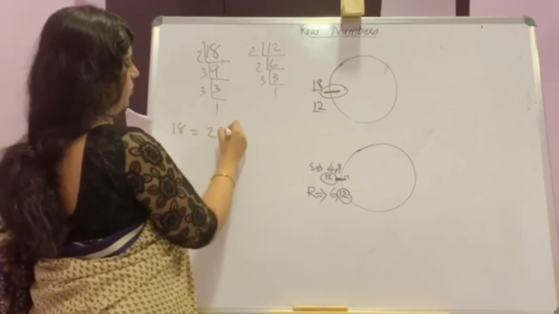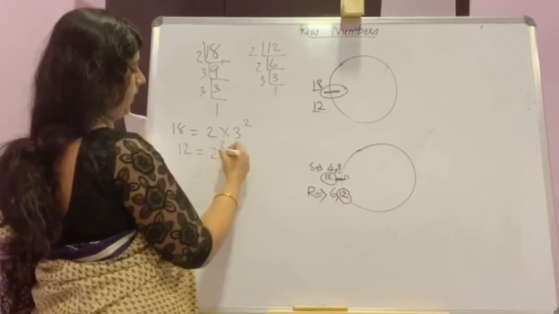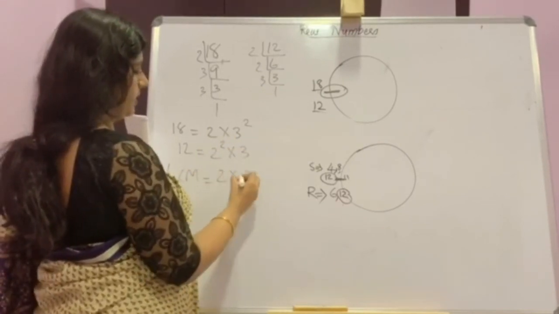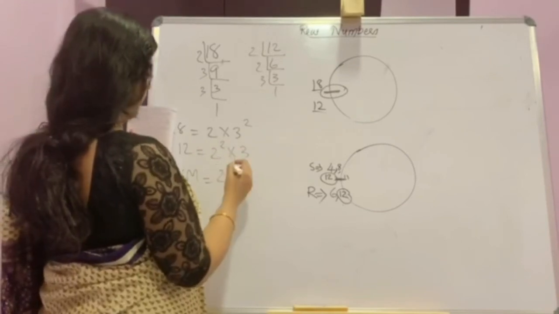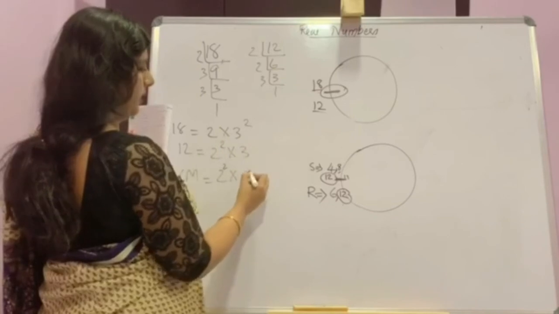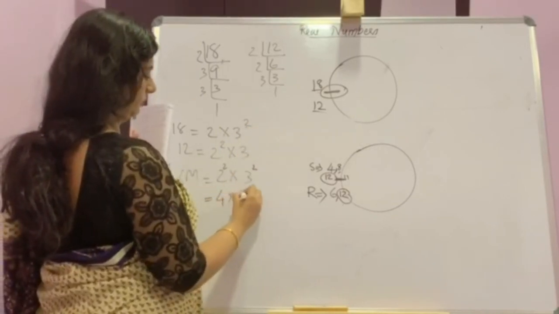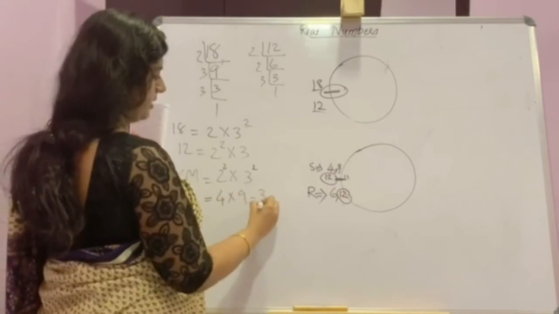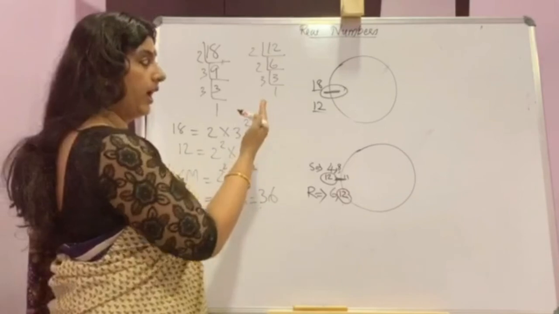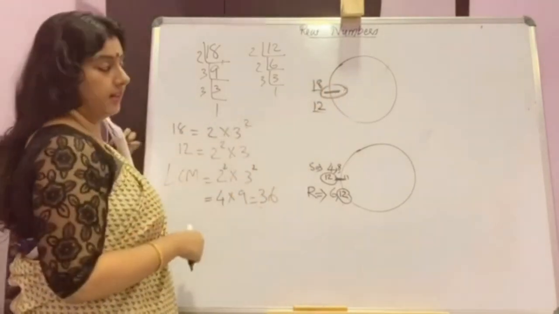18 is 2 into 3 square, 12 is 2 square into 3, and the LCM is all the factors with their highest power, that is 2 squared and 3 squared. So the answer is 36. So at the 36th minute, both Sonia and Ravi will be at the starting point and they meet again there.